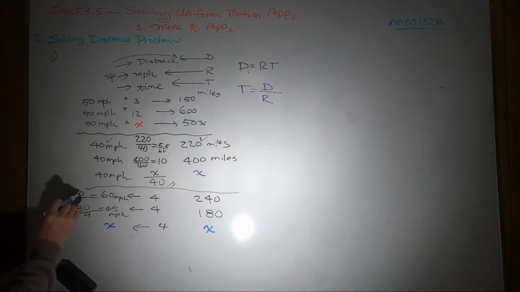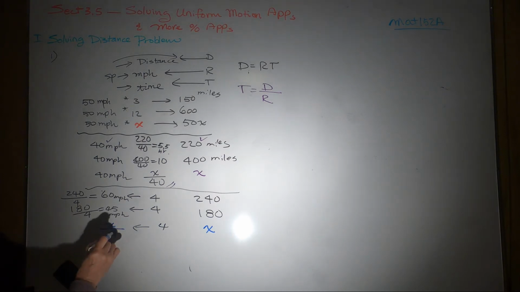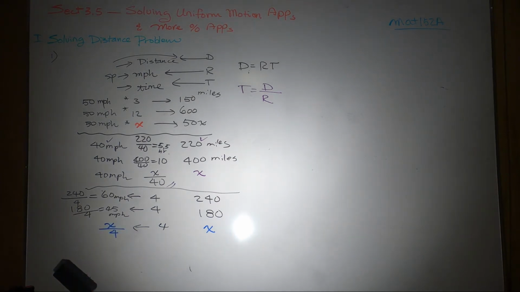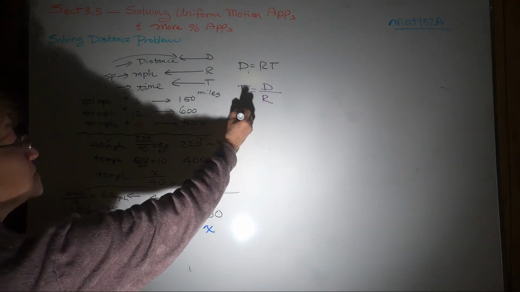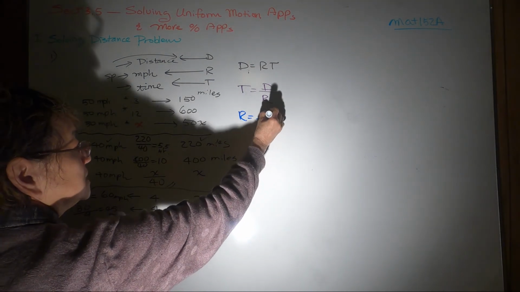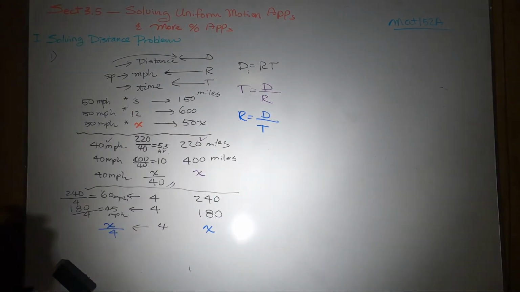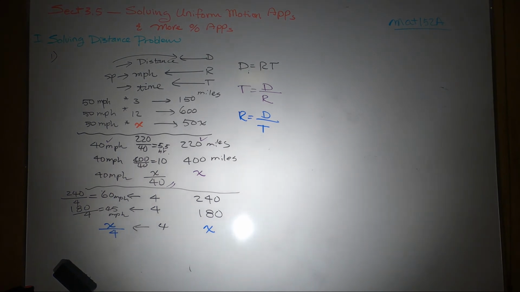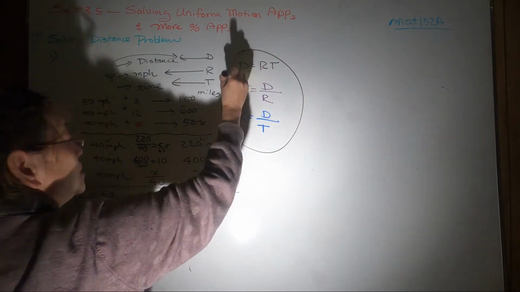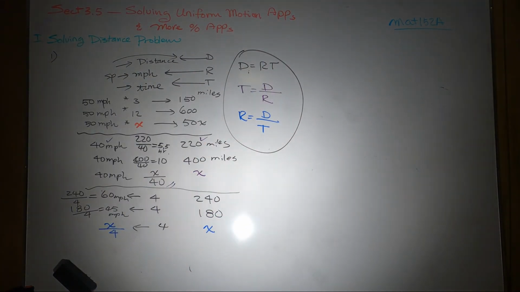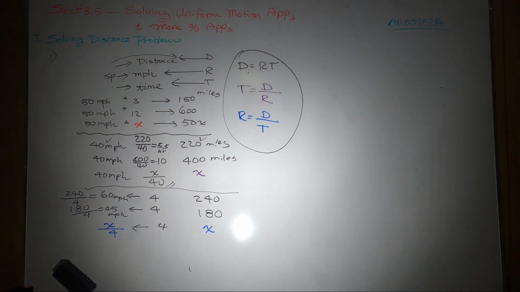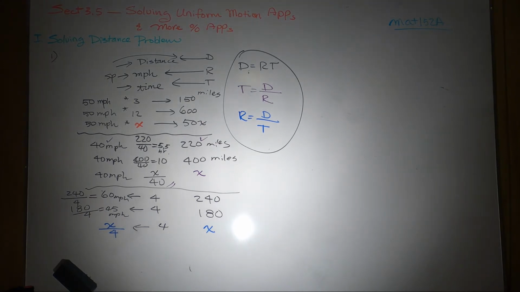Everything is divided by 4. So your speed would be your distance divided by the time it takes. So you need to remember the relation between the distance, time to travel, and the speed of the travel, right?